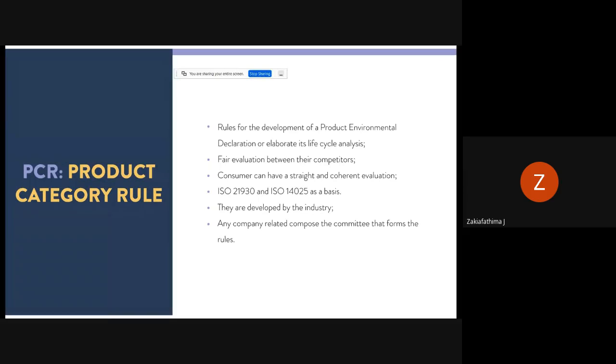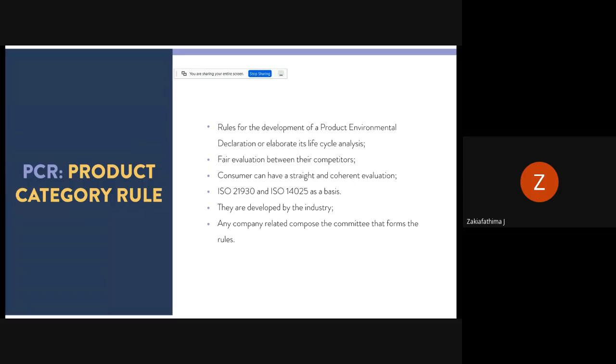Okay, and then PCR rules are developed by the industry itself. Being developed by the industry, the people already know what processes go behind it and make sure that they stick to the proper rules. Any company can compose the committee that forms the rules.